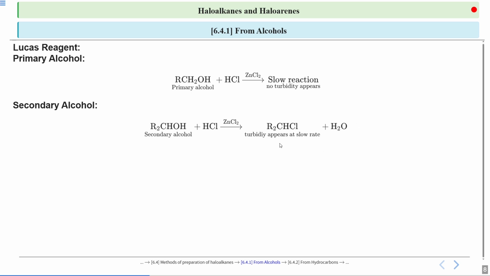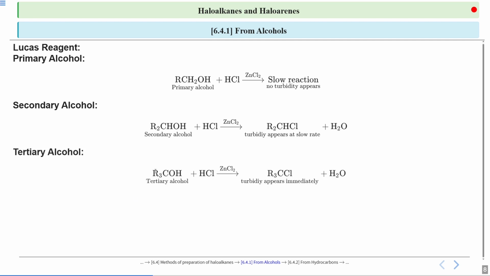And here the reaction is happening, but the turbidity appears at a slower rate. The reaction is happening and we are getting a product, but what is the rate? The rate is very slow in the case of secondary alcohol when you are treating it with the Lucas reagent, right? Now let's see the case of tertiary alcohols.